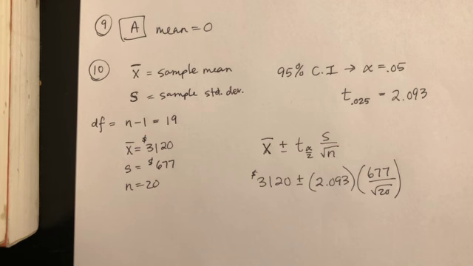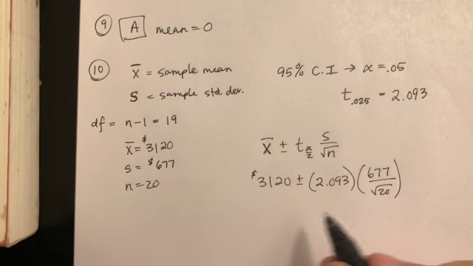Now I'm going to do a little calculating. 677 divided by the square root of 20 is 151.38. Then I multiply that by 2.093.